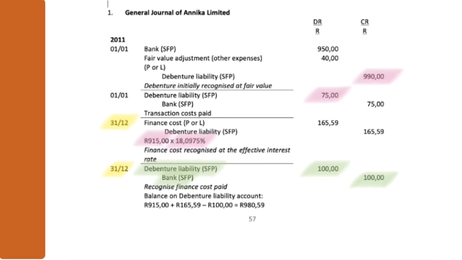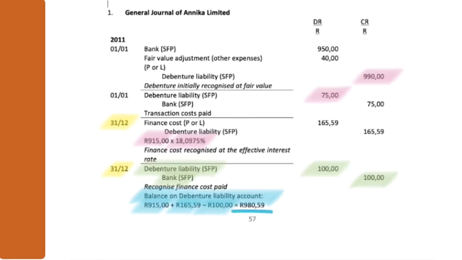We can now go and calculate a new balance on the debenture liability account. So you can draw a T account if you want to, or you can just take all the different journal entries into account and you look at a new balance on the debenture liability account. It's the day one balance, add on the interest, deduct the payment, and we get a new balance. This balance is amortized cost.